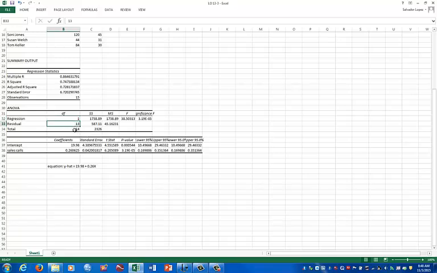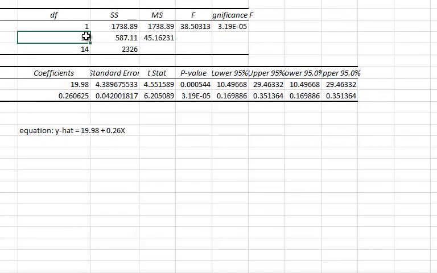The degrees of freedom of the residual is n minus k, sample size minus the number of variables. In this case, sample size is 15. Notice here, observations: 15 minus 2 variables, 13. And the total degrees of freedom, like we learned also in chapter 12, is always equal to n minus 1. 15 minus 1 in this case is 14. But it is also equal to this plus this.